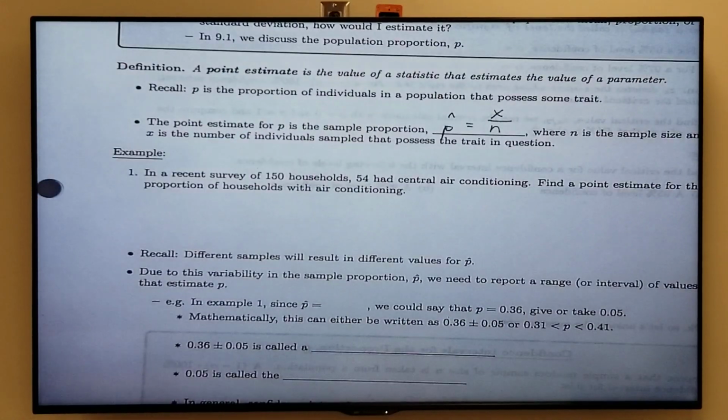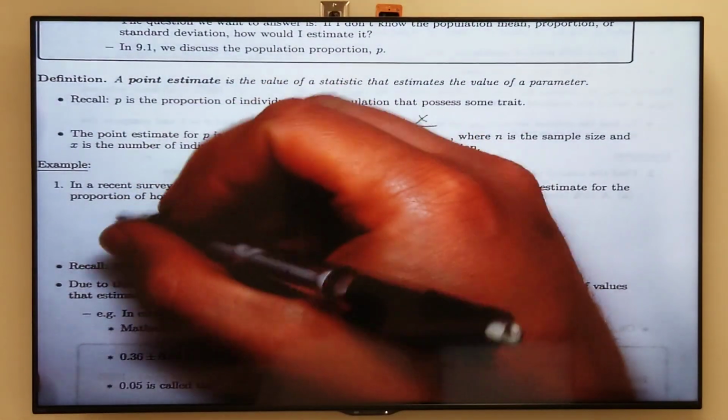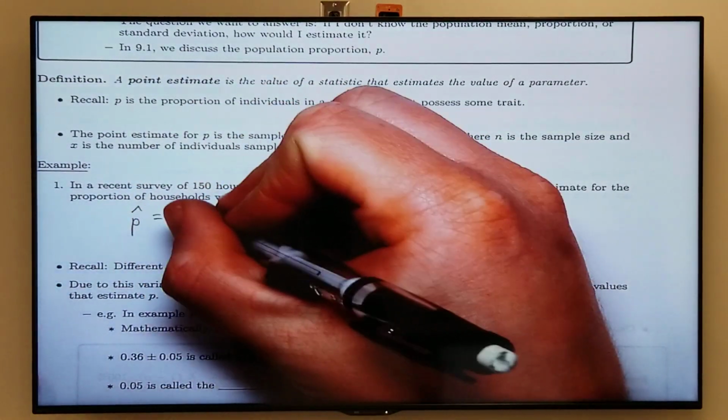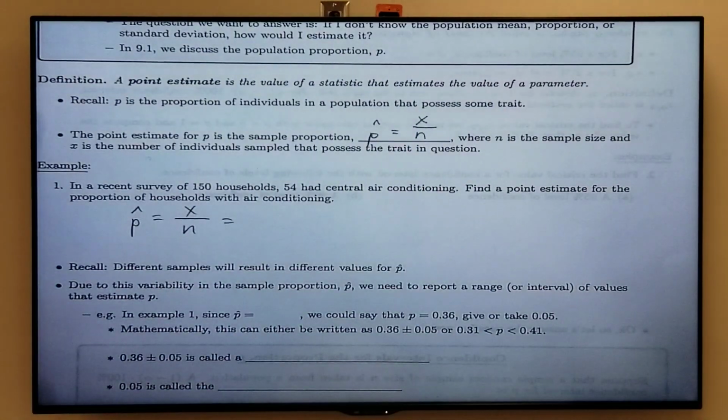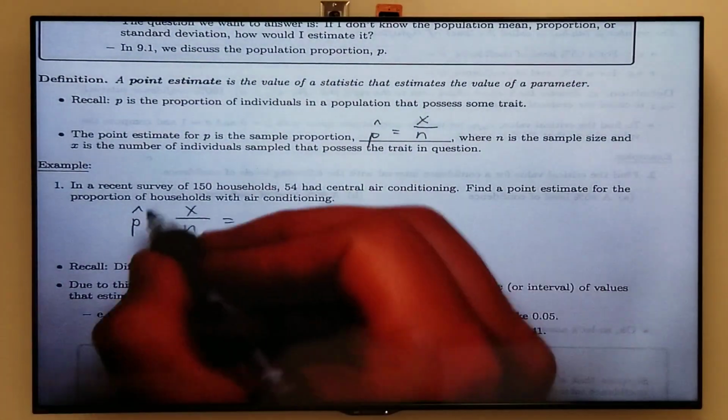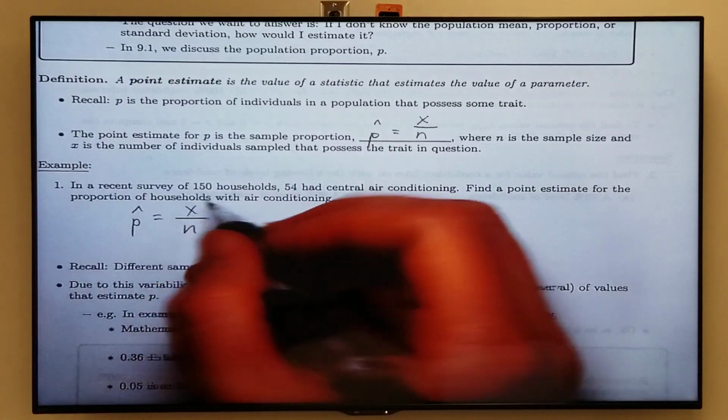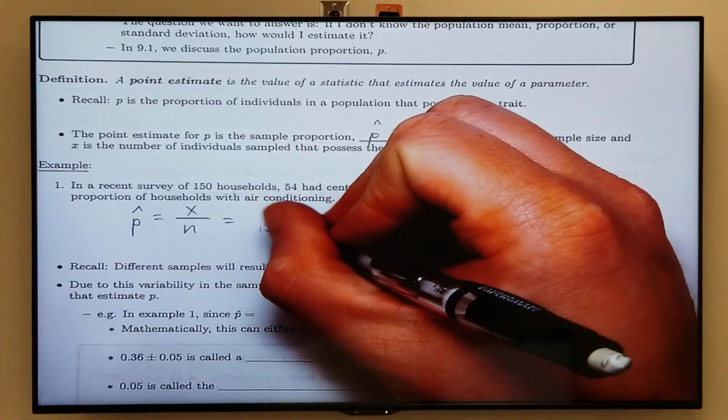For example, in the textbook, you might see questions like this. In a recent survey of 150 households, 54 had central air conditioning. Find a point estimate for the proportion of households with air conditioning. So the point estimate would be P hat, x over n. In this particular survey, there were 150 households, so that's our sample size, 150.